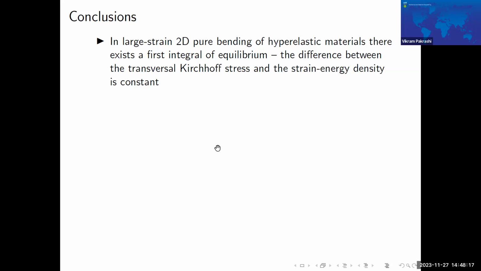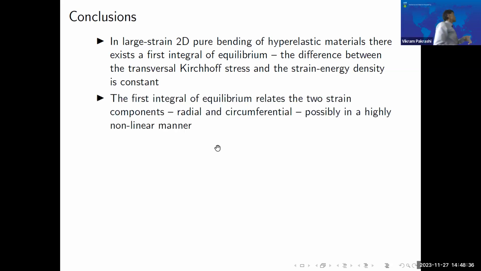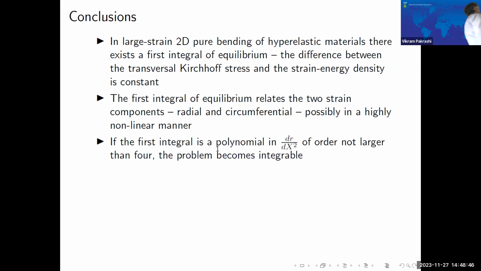And this first integral of motion really says that the difference between the transversal Kirchhoff stress and the strain energy density at any chosen point is equal to the strain energy density at the edge of the specimen. This first integral of equilibrium relates the two strain components, radial and circumferential, possibly in a very nonlinear manner. But if this first integral is a polynomial of order not larger than 4, then the problem will become integrable.